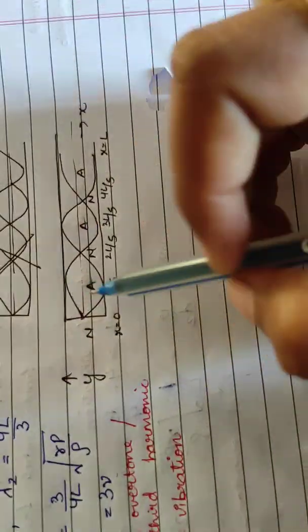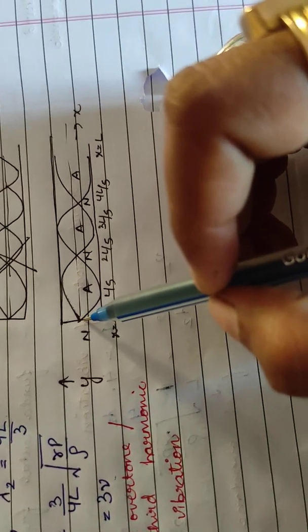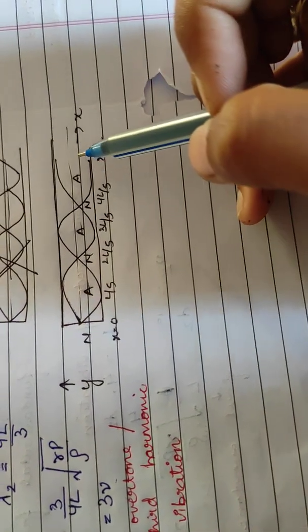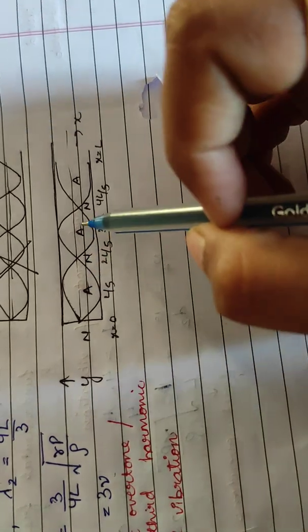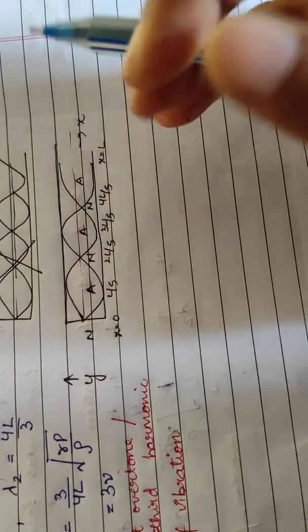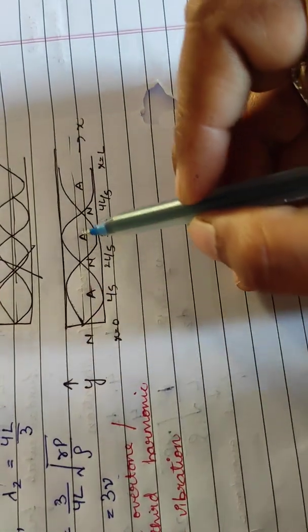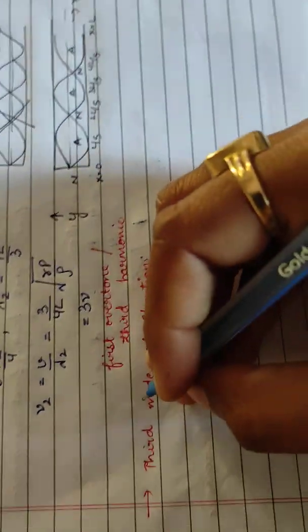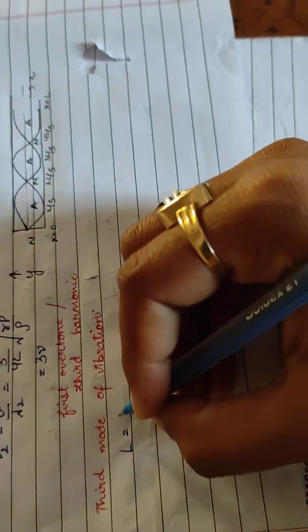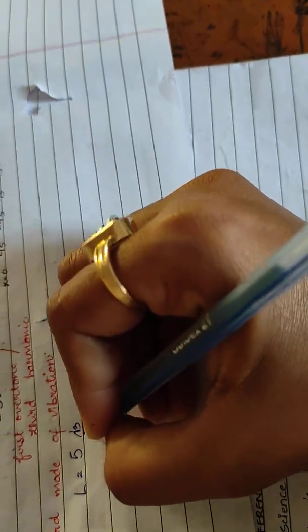Fine. Now for the third mode of vibration, let us consider this figure. As you can see, a node is present at the closed end and an antinode is present at the open end, and in between them 2 more antinodes and 2 more nodes are formed. So total 1, 2, 3, 4, 5 times. So length will be equal to 5 times lambda by 4.